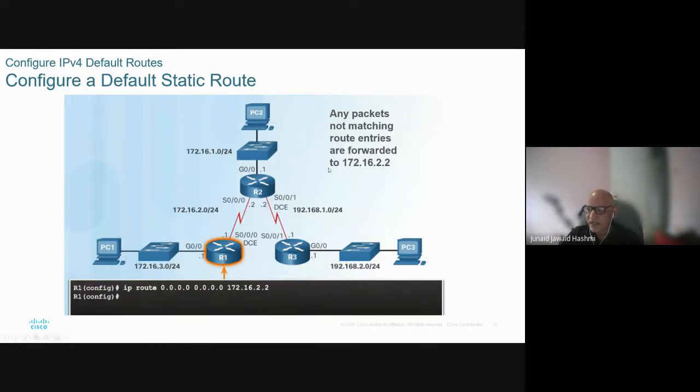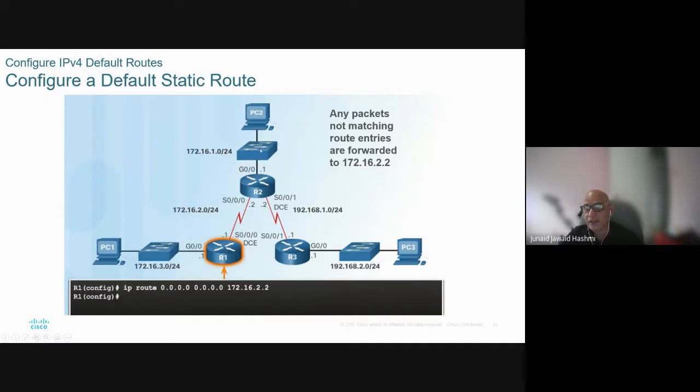So let's see, any packets not matching route entries are forwarded to 172.16.2.2. So on R1, here is another use of the default route. Before, we created how many routes? 192.168.1.0, 2.0, and 172.16.1.0.